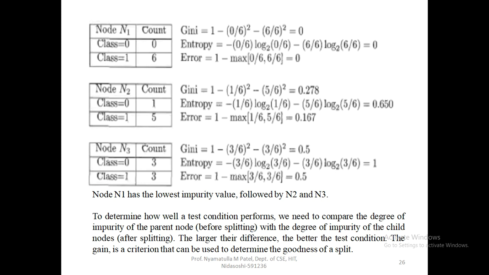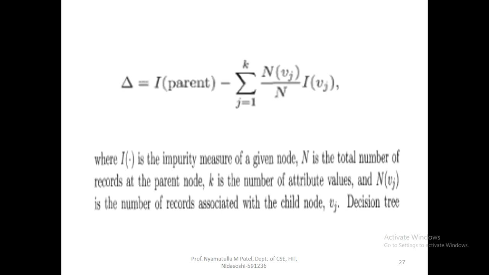So, the gain is a criterion that can be used to determine the goodness of a particular split. The difference delta is the degree of impurity of the parent node minus the degree of impurity of the child nodes: I of parent minus summation j equal to 1 to k of N of V j by N into I of V j.